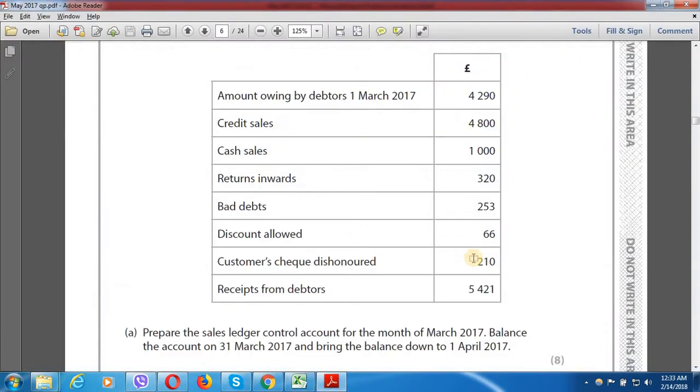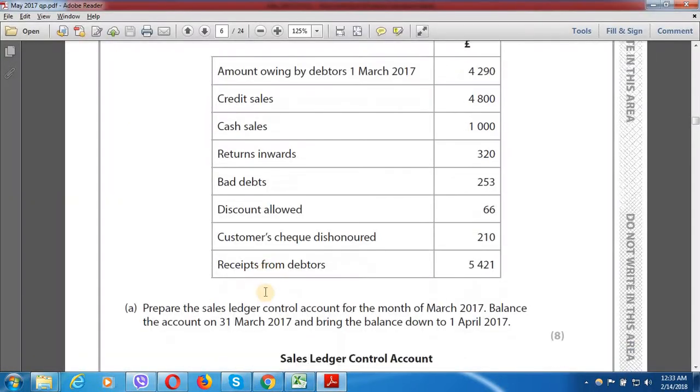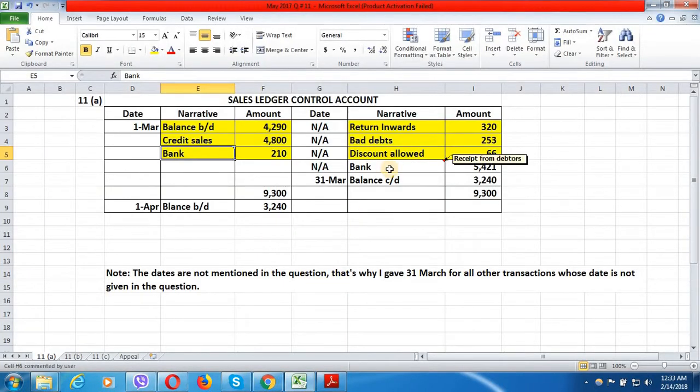Here it is 210, bank book credit, receivables debit. I put a comment here, you can see, to make you understand. Then receipts from debtors. The journal of this transaction will be bank book debit, receivables credit. Figure will be 5421. I also put a comment here to make you understand.